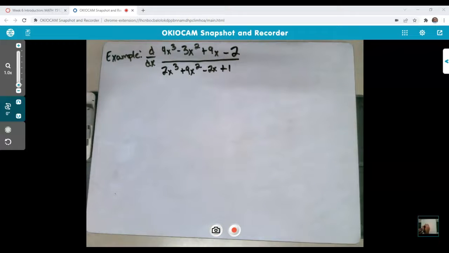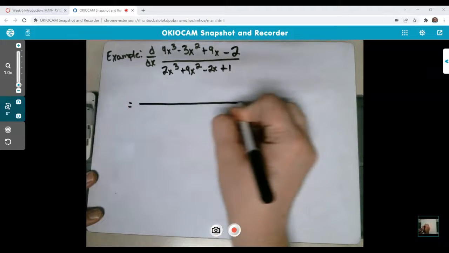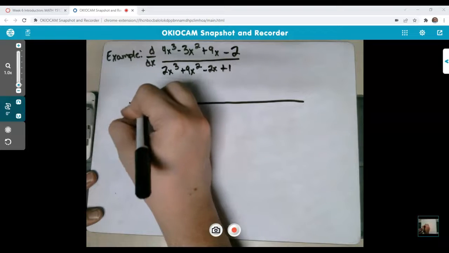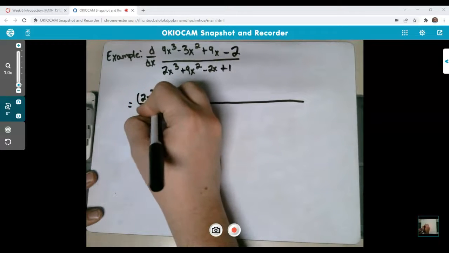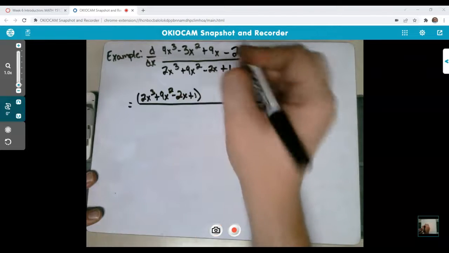Okay, again, I know I'm going to use the quotient rule because this is a quotient. So let's write it out. Remember, we start with low d high. So leave the denominator. And then we're going to multiply that by the derivative of the top part.